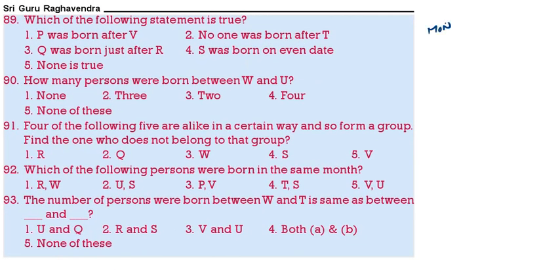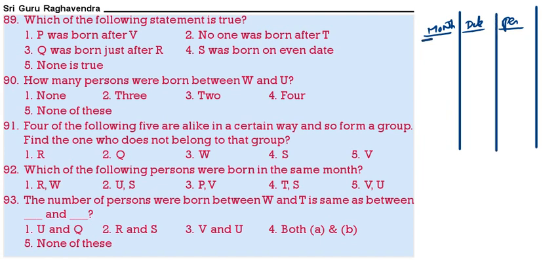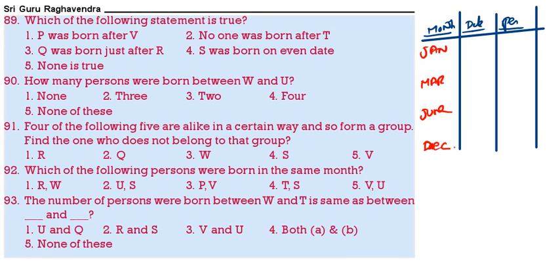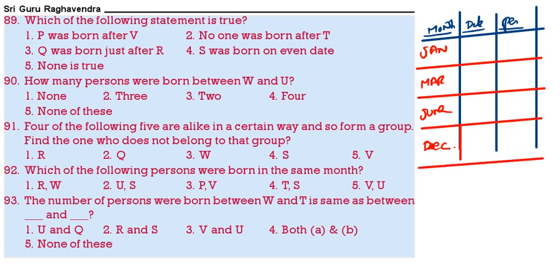See, month, date, person. Month, date, person. 15, 28, again 15, 28.